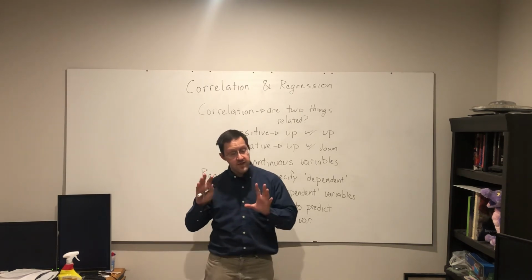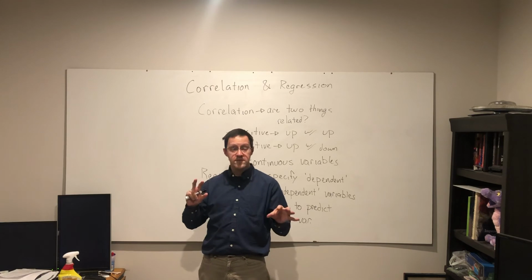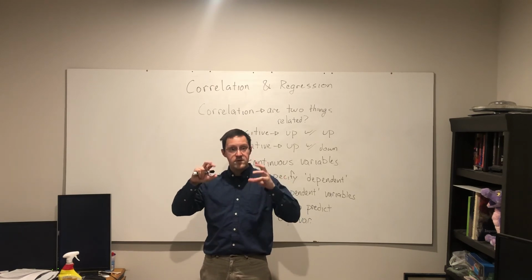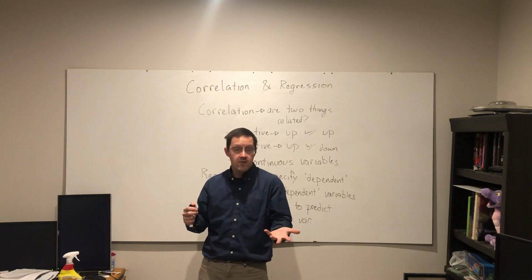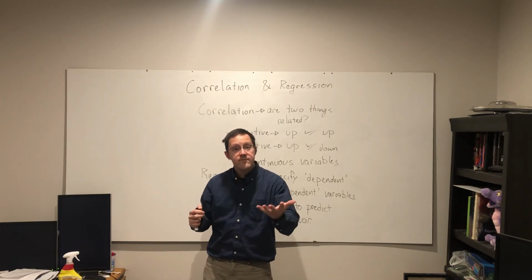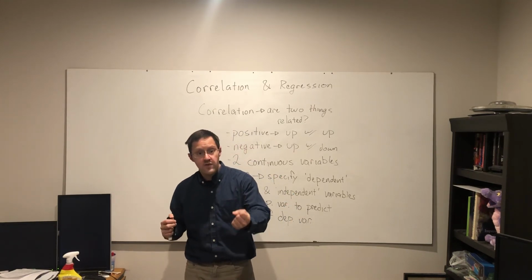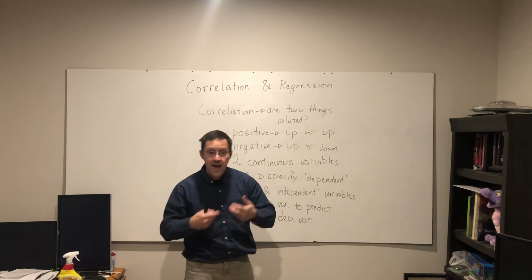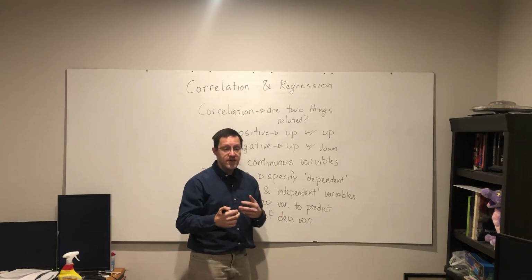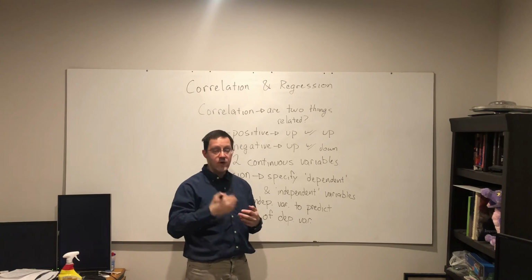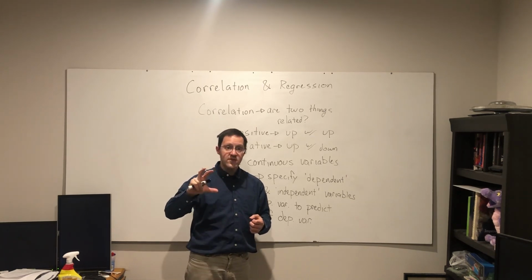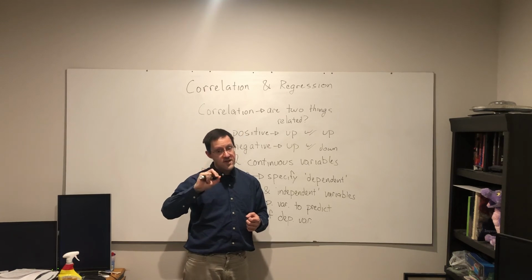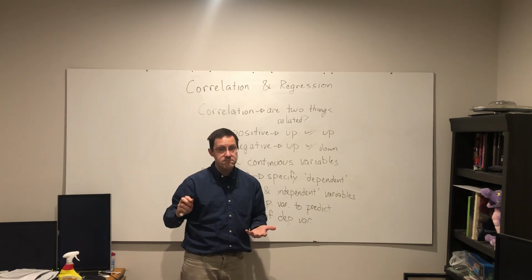So these are the ideas for correlation. Looking at how closely related are these two variables? That's correlation. With regression, we add in this idea of dependence, of one variable being dependent upon the other in terms of prediction, if not outright causation.